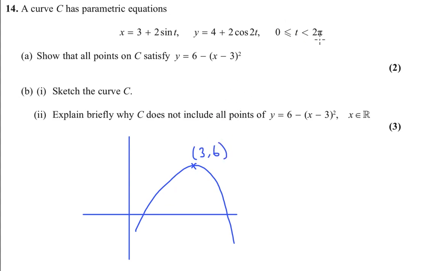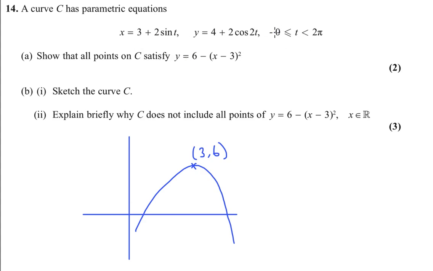However, t is limited in its domain. So the values that t can take are going to affect the values that x and y can be. If we look at the end limits, they're usually the ones that tell us what x and y can be. Not always, but they're quite a useful start.